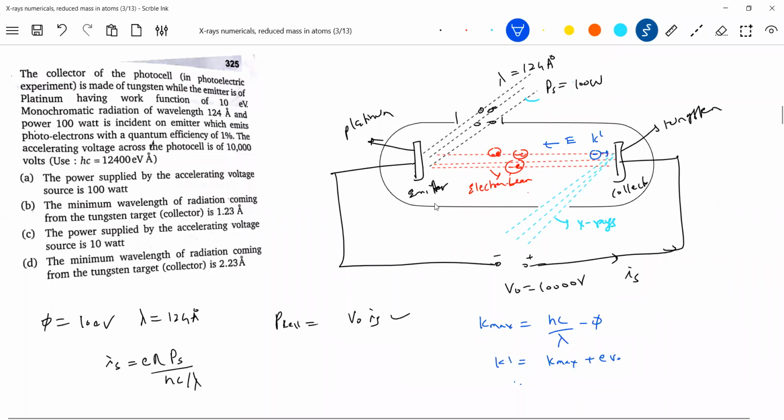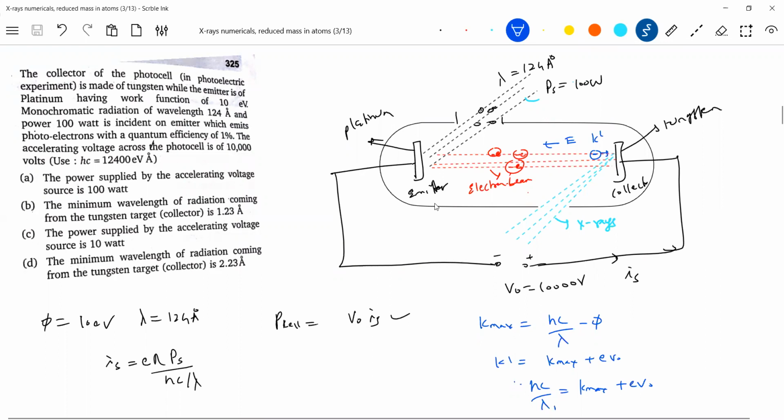So this K dash we can write as hc by lambda, equal to K max plus eV naught. I'm writing the equations like this. Solving, we will get the minimum wavelength.